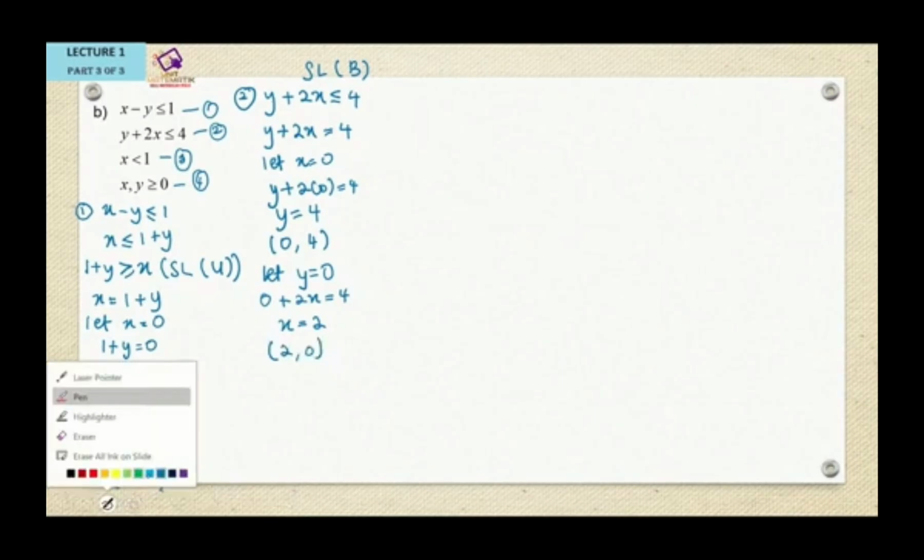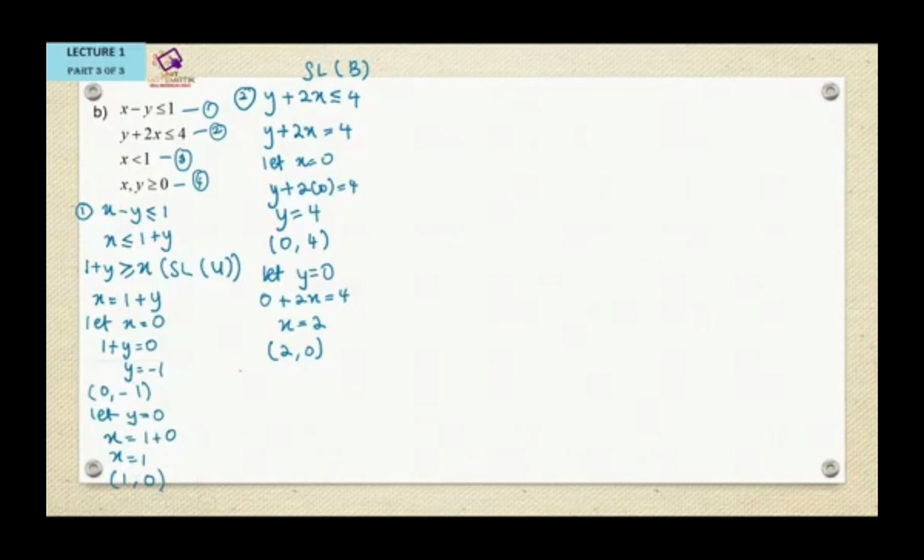Next, I will be using a different ink. Number 3, we have x less than 1. What does x less than 1 mean? Here we also need to identify whether this is a broken line or solid line. Since here we don't have an equal sign, this is a broken line.